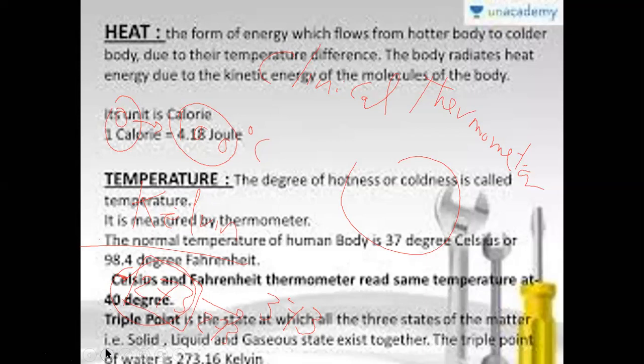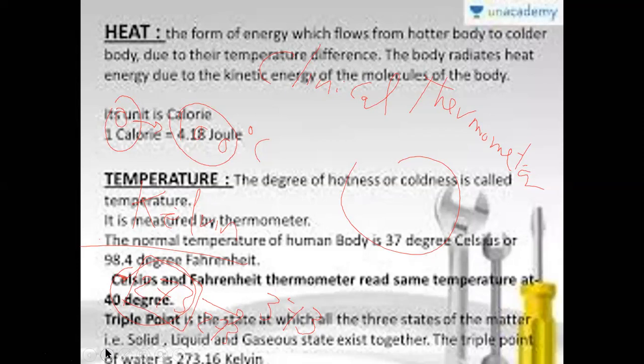So first we have heat. When the body is acquiring any kind of heat, this heat will change into kinetic or potential energy for the body, and the movement of particles will increase, so the particles will accelerate their movement, and this will turn into temperature.